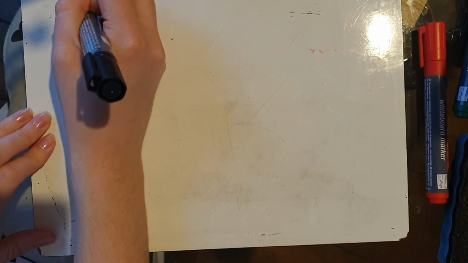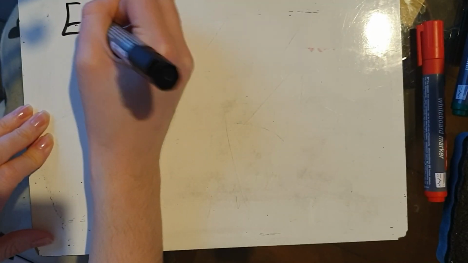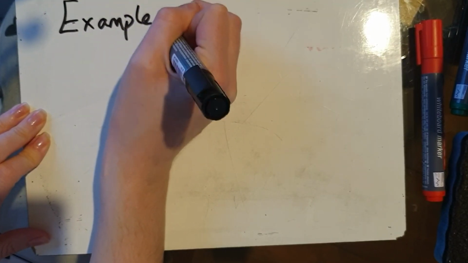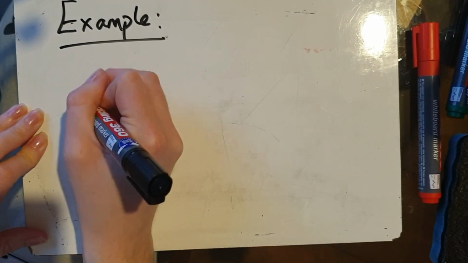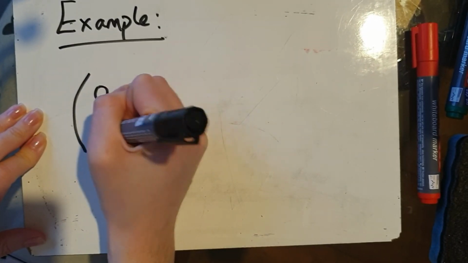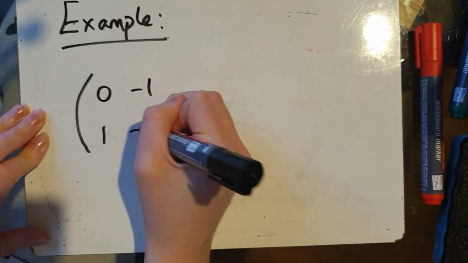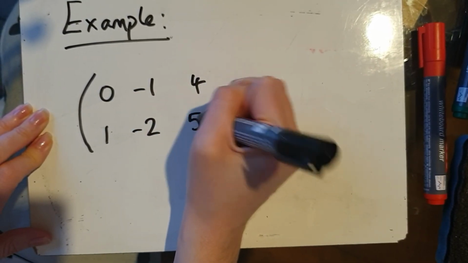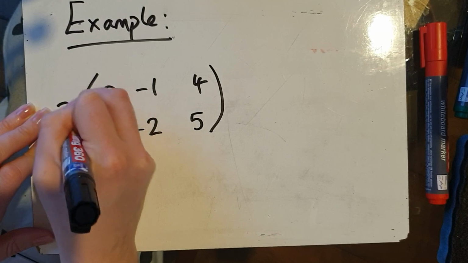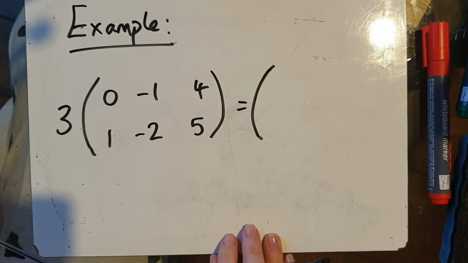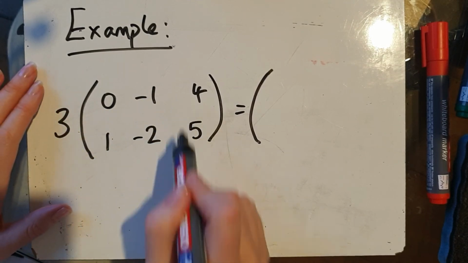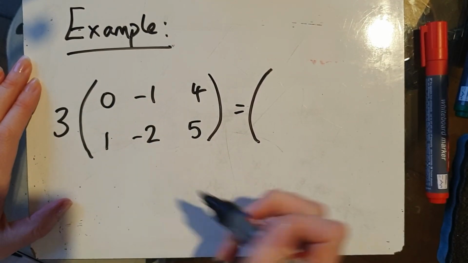So an example. If I wanted to multiply the matrix 0, 1, -1, -2, 4, 5 by 3, then I would literally just be multiplying every entry in this matrix by the scalar 3.